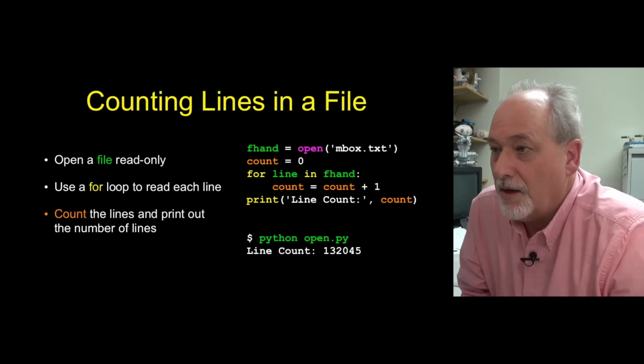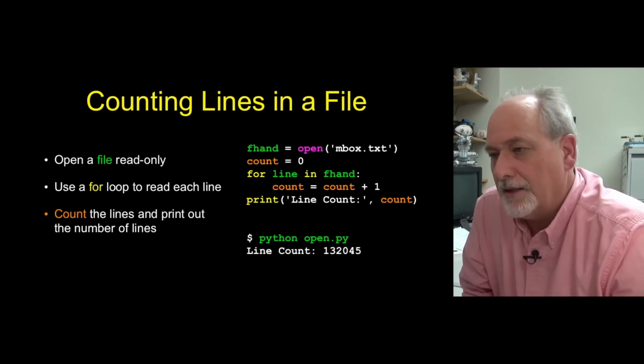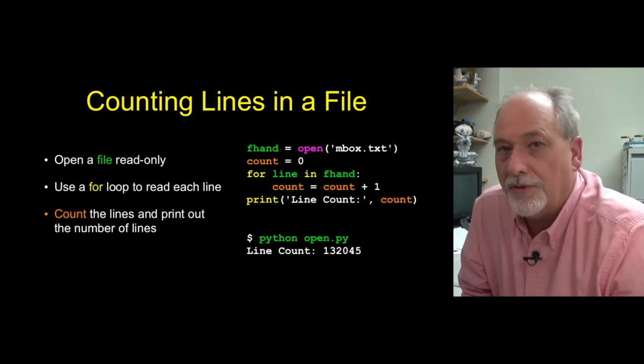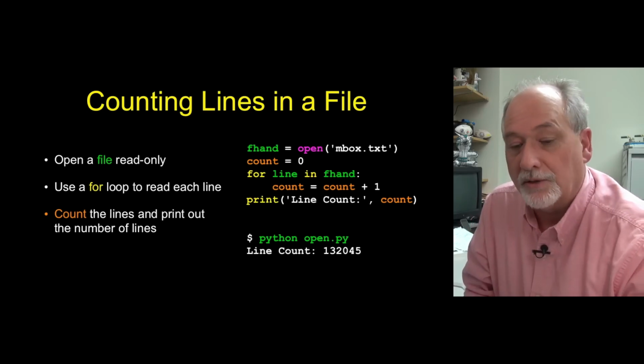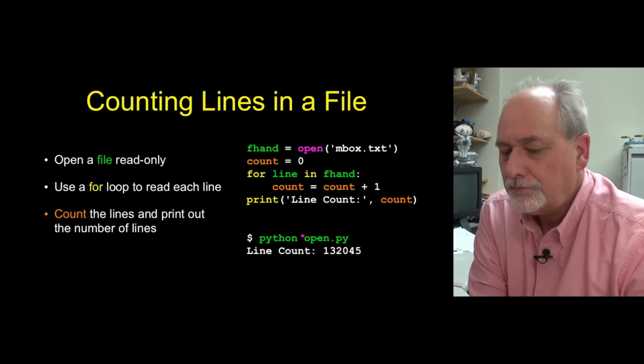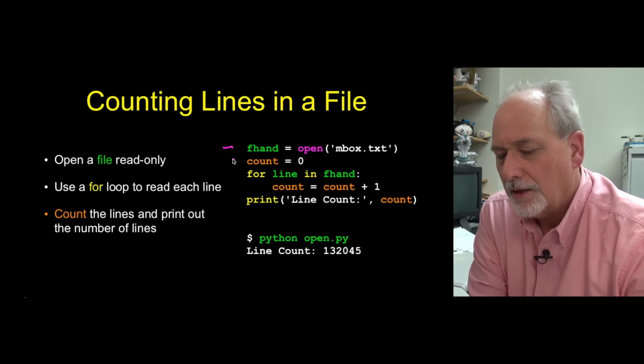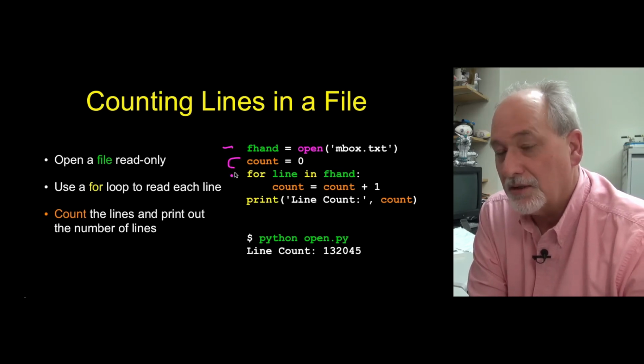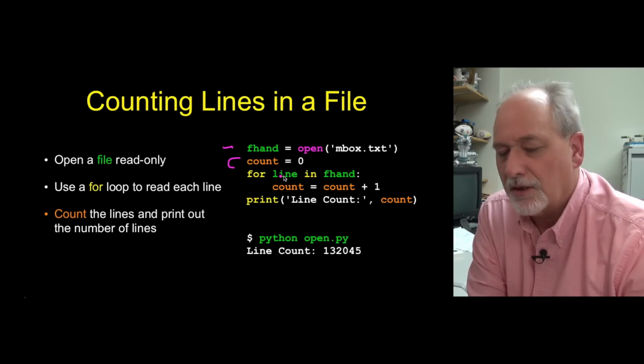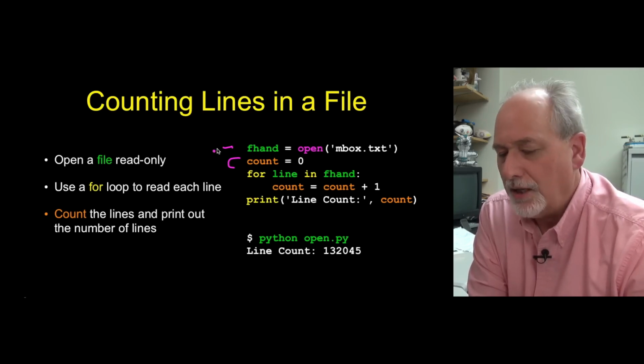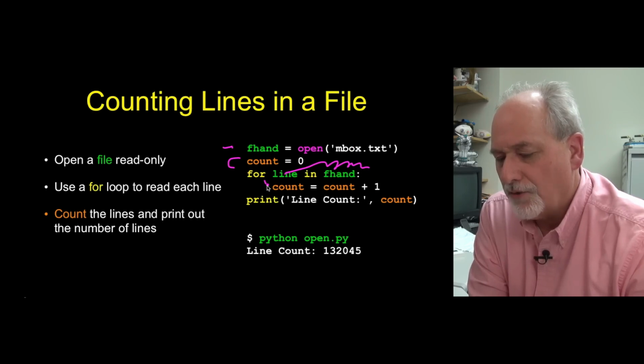Okay, let's talk about what we might do, going back to iterations now. What if we wanted to count the number of lines in a file? This is a basic loop counting pattern. We open the file, and like in all these loops, we prime the loop to get it started, setting a variable count to 0. I'm going to use the variable line to go through each of the lines in the file, for line in fhand, and it's going to run this loop once for each line in the file.